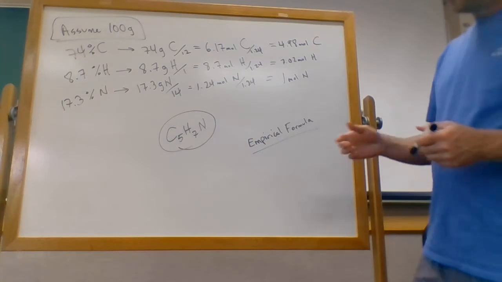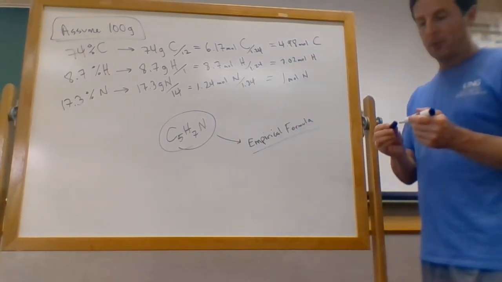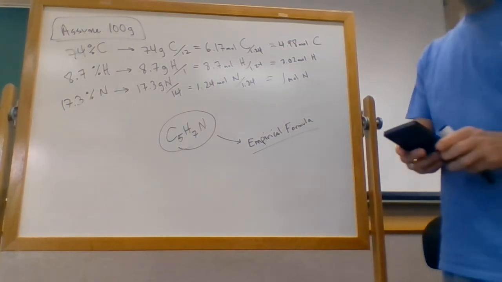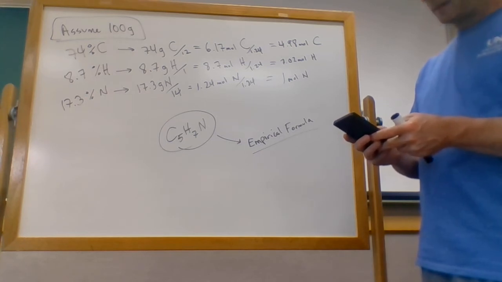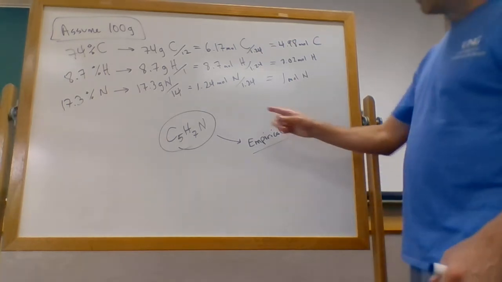Now, anytime you do this method, it's always going to find your empirical formula. You'll occasionally work a problem that has one more step. It might say the weight of this compound is 60.